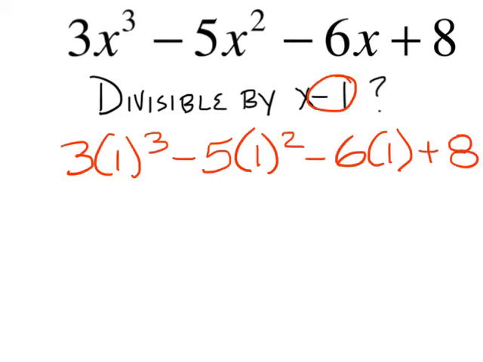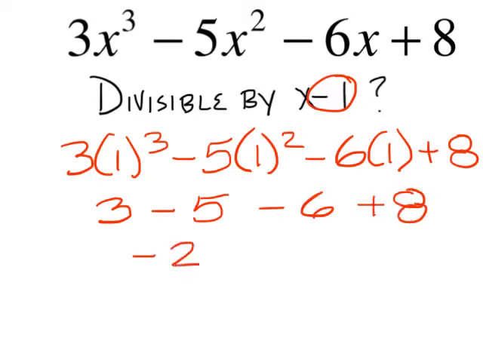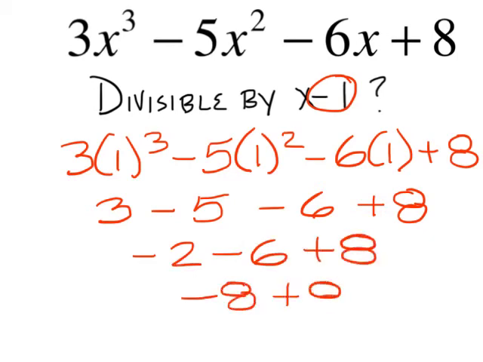And simplify to get 3 minus 5 minus 6 plus 8. That would be a negative 2 minus 6 plus 8. Negative 8 plus 8 is 0. So the answer is yes. X minus 1 is divisible into that expression.